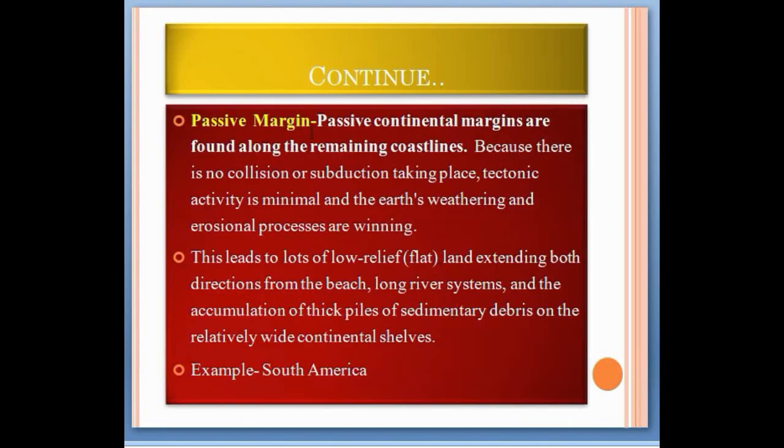Passive continental margins are found along the remaining coastlines. Because there is no collision or subduction taking place, tectonic activity is minimal, and the Earth's weathering and erosional processes are winning.